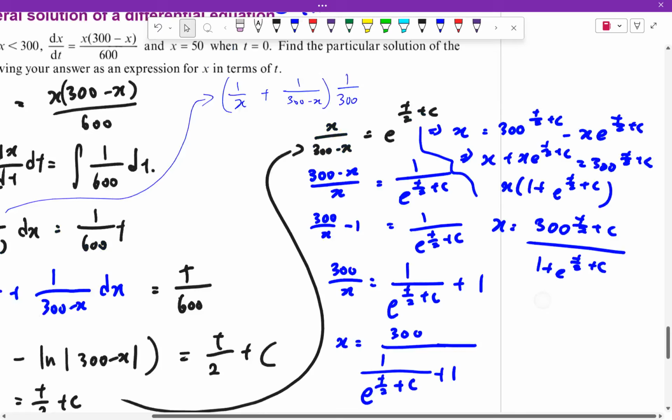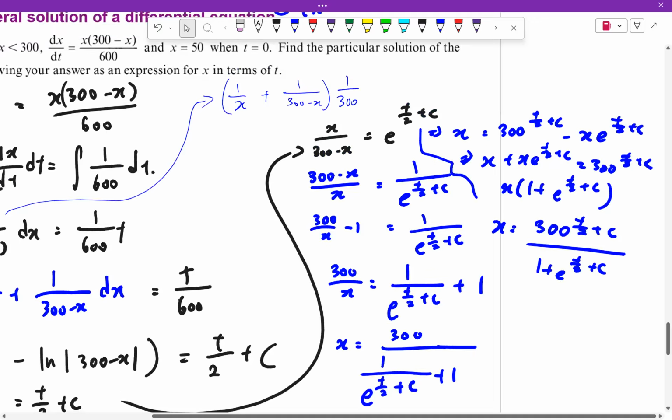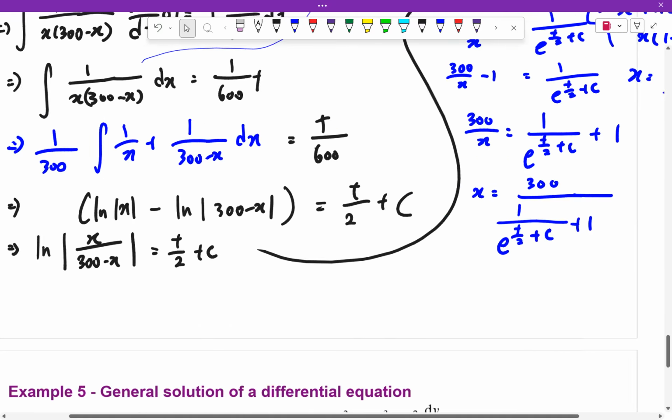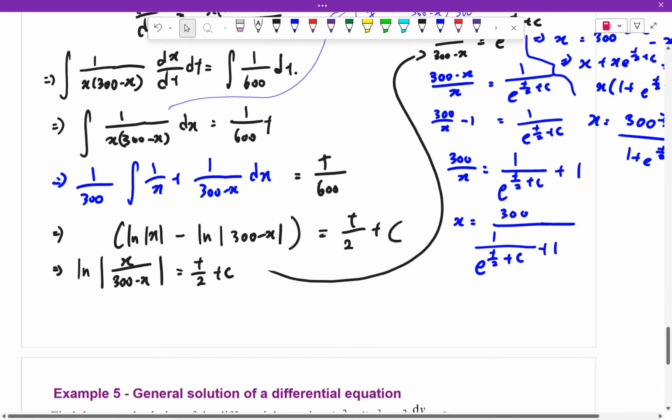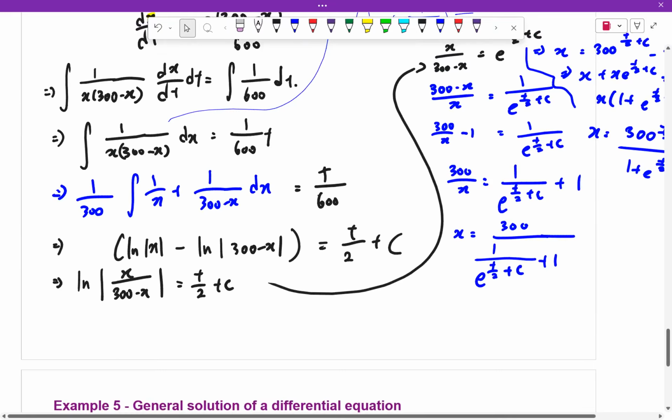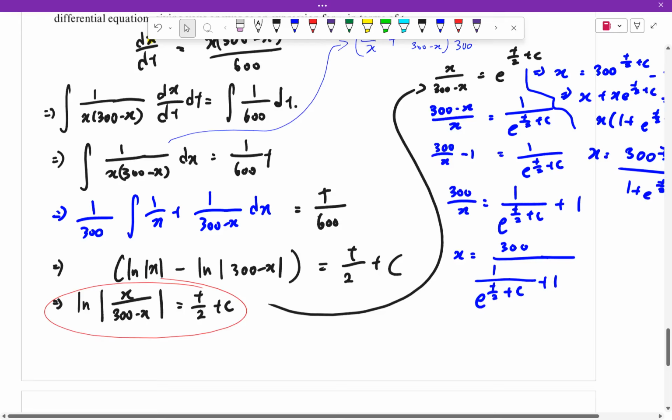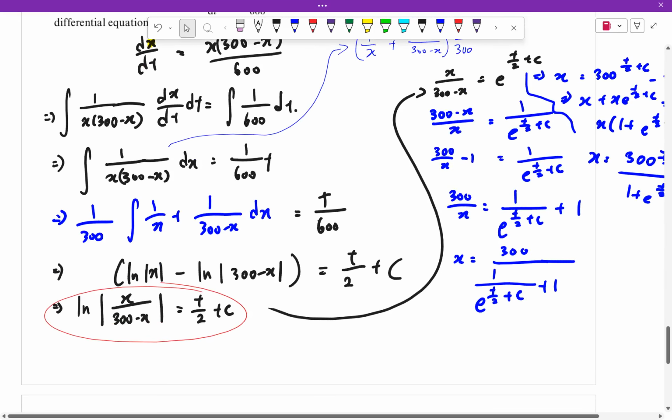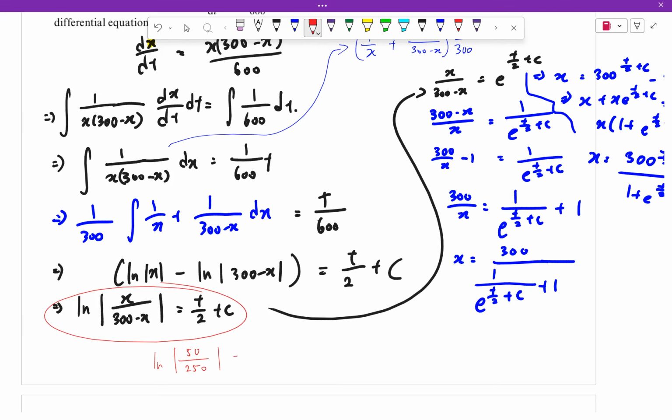But the main part is that we solve for when x equals 50 and t equals 0. So we pick any part that we feel confident with. It's not necessary to use the final part. That's the key part. A lot of students will think, oh, I need to pick a certain value. I can even pick here. When ln of 50 over 250 is a certain value, t equals 0, right?